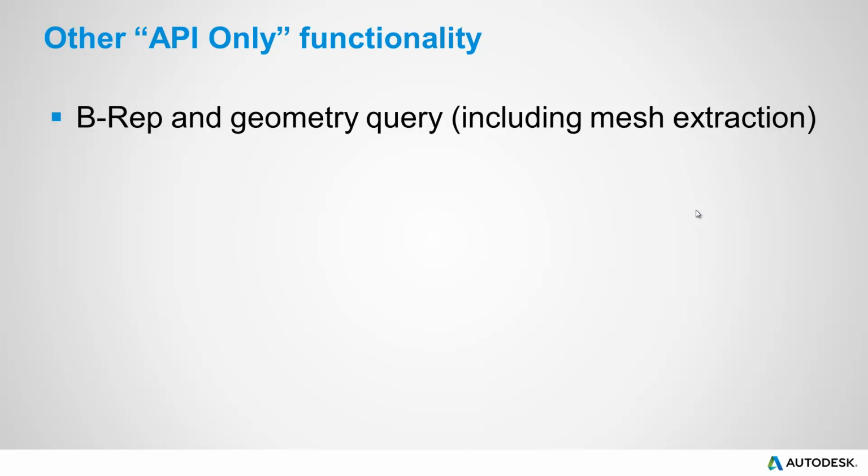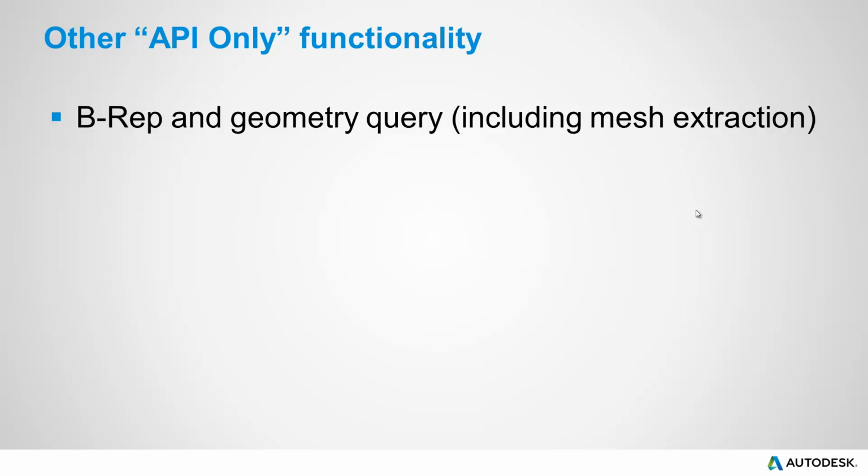The reason this is important in the API but not in the UI is, let's say, for example, you create a box and you want to fillet 2 corners. If I do that in the user interface, I draw a box, and I know which 2 edges I want to fillet, so I just pick those and add the fillet.